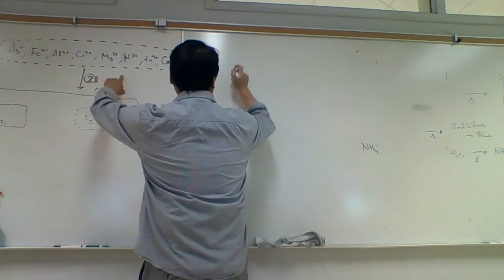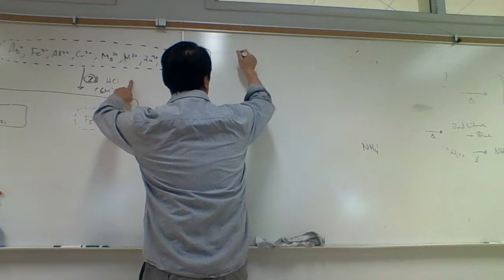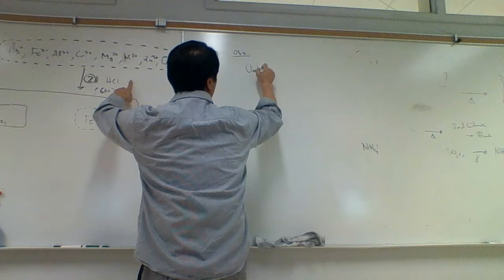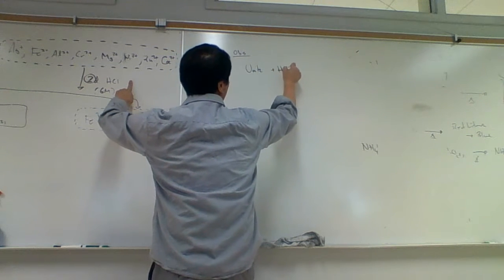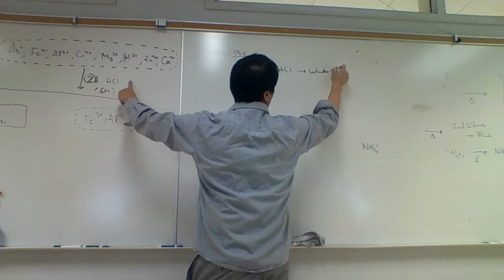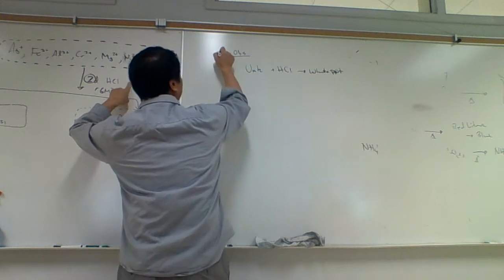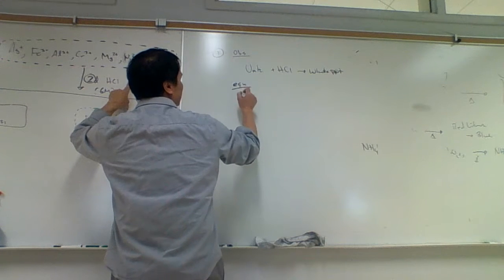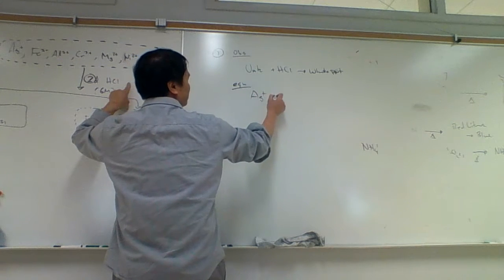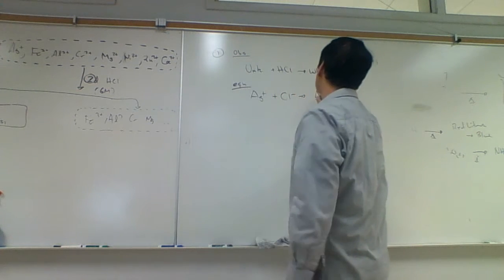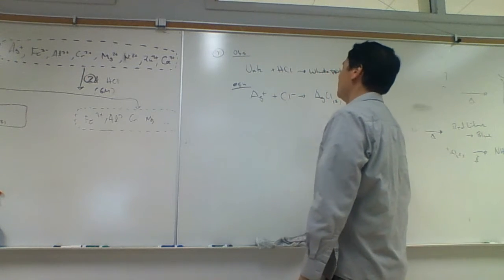For this particular branch, the observation is we take our unknown and we add HCl to it, and we get a white PPT. This is observation number 1. And the equation for this is going to be this. Our unknown must have contained silver ions, because the silver ions will react with the chloride ions in HCl to form a white precipitate of silver chloride solid.